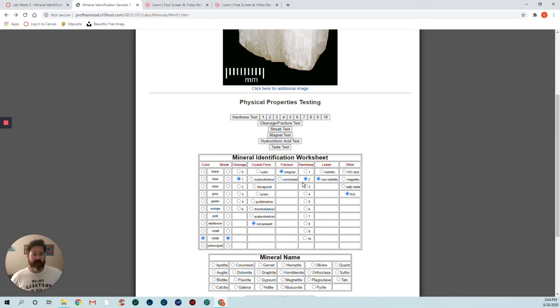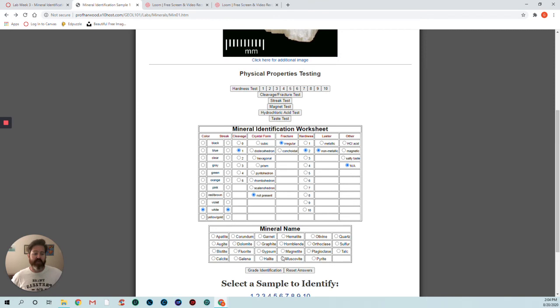Based on the hardness and based on the cleavage, I would guess that, what do we know that is a usually whitish mineral that is relatively soft? You can scratch it with your fingernail. That has 1 cleavage plane.